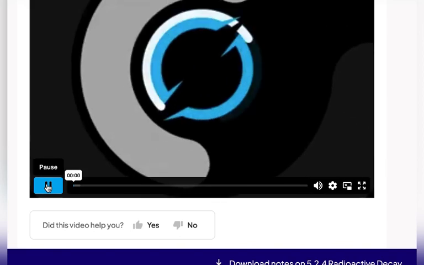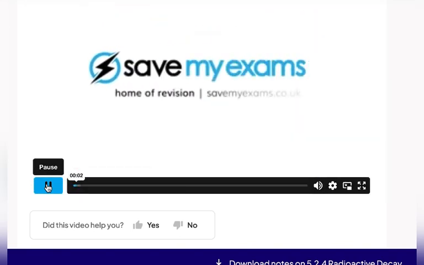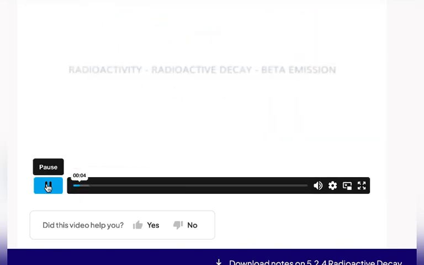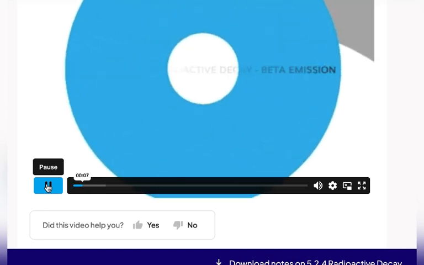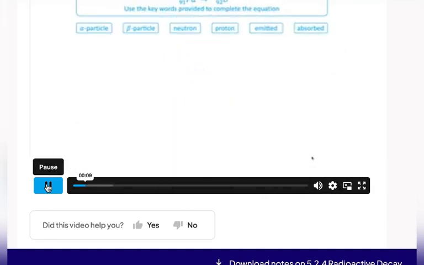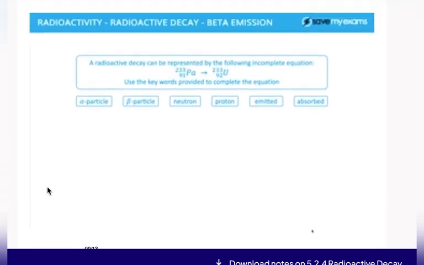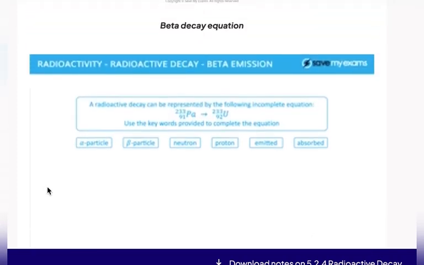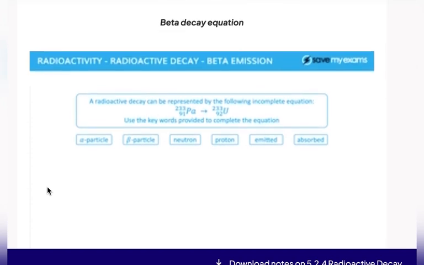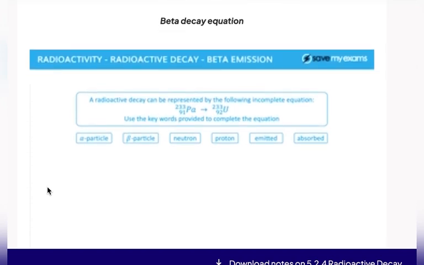So these are the type of exam questions you see. Here's a question for us to look at, and we're going to start by reading through the question and having a look at what is expected of us. A radioactive decay can be represented by the following incomplete equation. And here we have two large nuclei, and we have a decay from this nucleus into this nucleus over here.